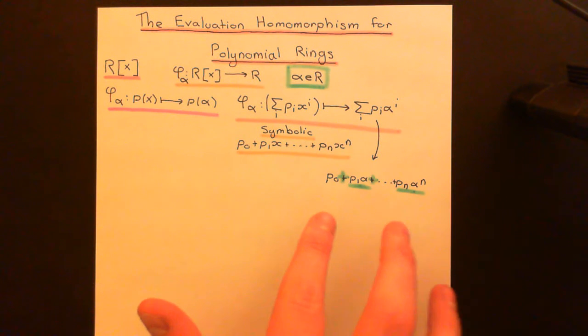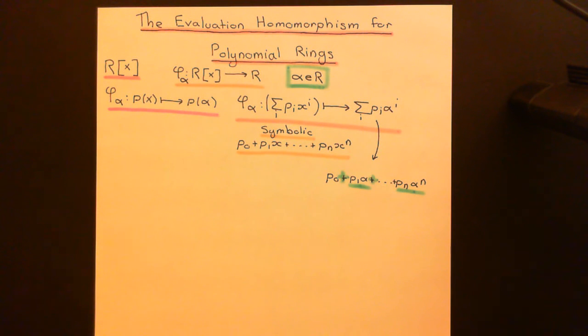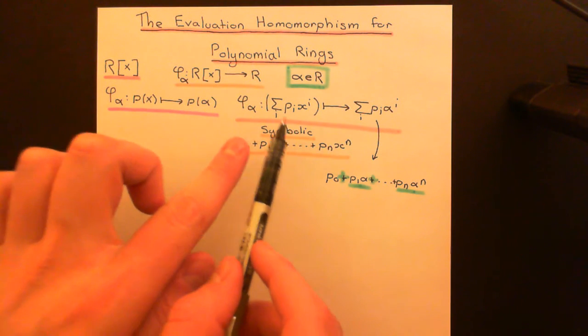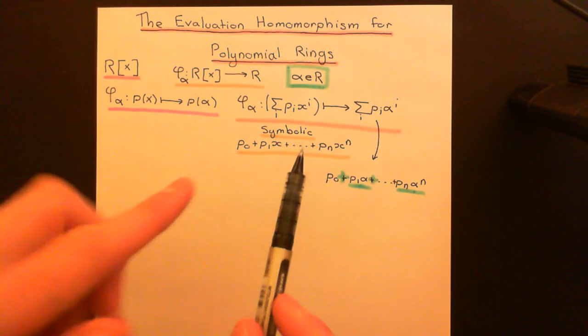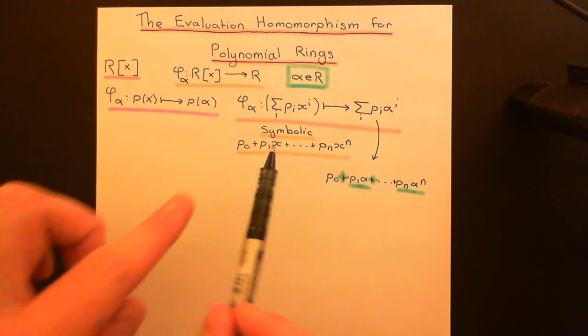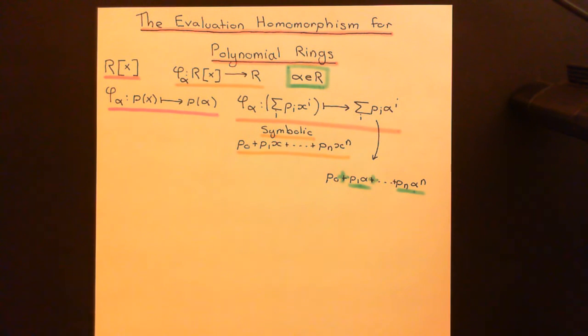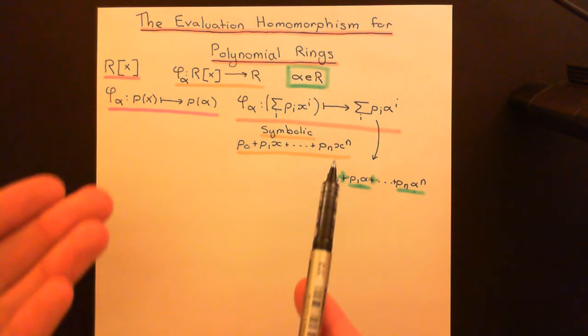So it has completely changed its meaning now from this very formal notion of a polynomial, which was just a symbol. We just had these powers of x as placeholders and we stuck coefficients in front of them to create a symbol like this.